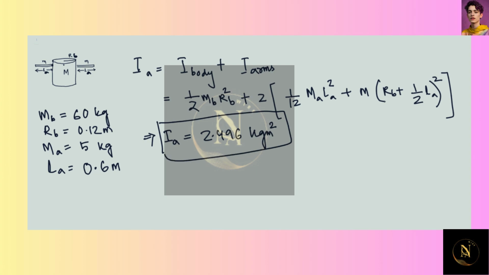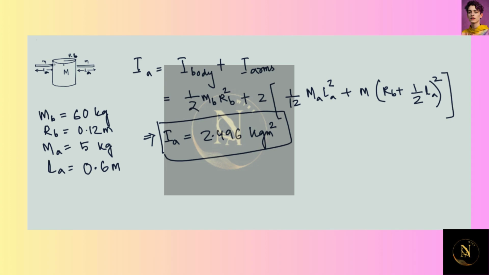So let me repeat this part once again. I think this might be a little confusing to grasp. So this is the moment of inertia through the middle of the rod, from here to here.